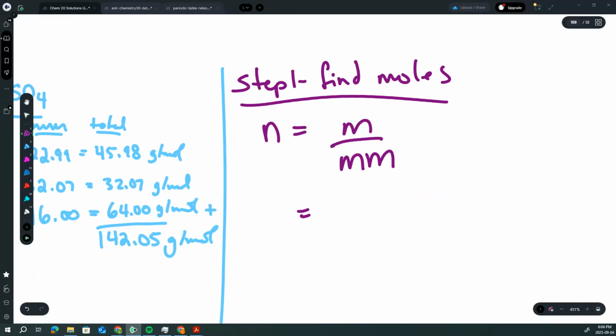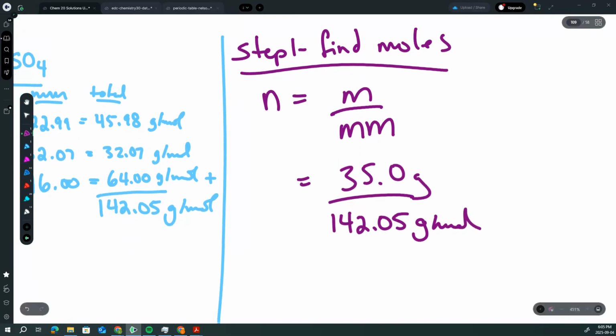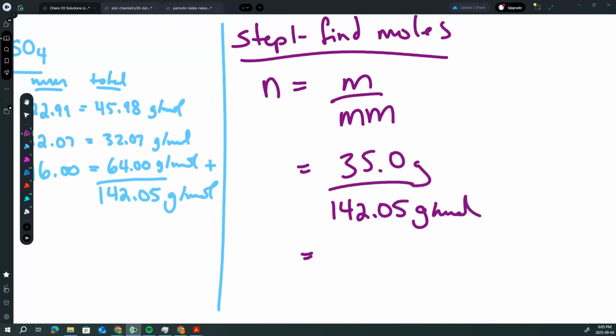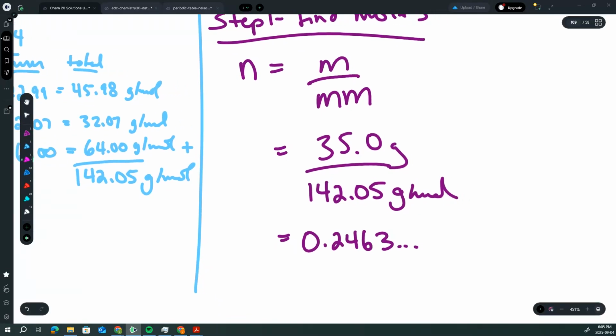So our mass, that was 35 grams. Molar mass, 142.05. And when we divide those two numbers, we're going to get 0.2463. The number keeps on going forever. And since the grams cancels out, that gives us moles.